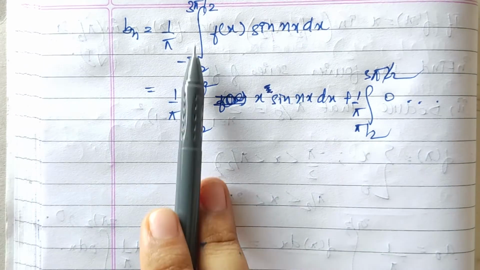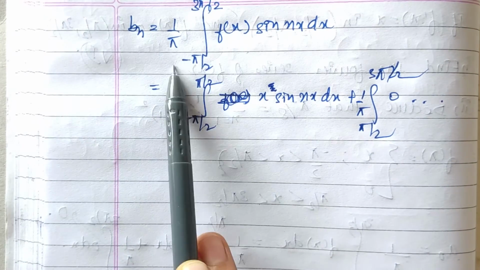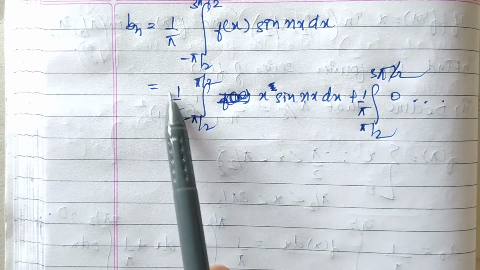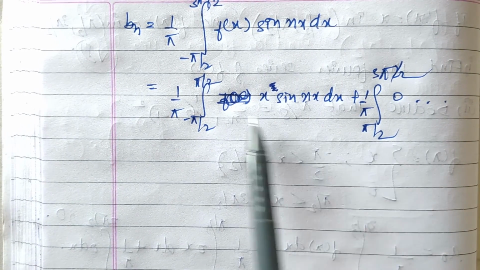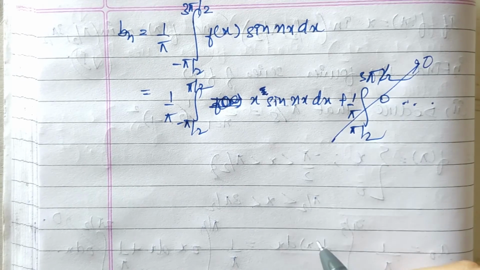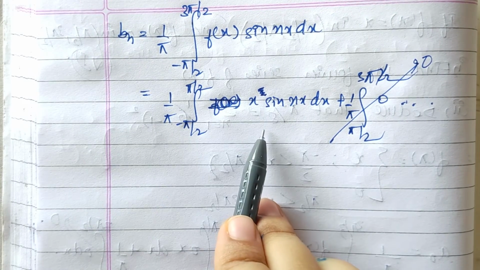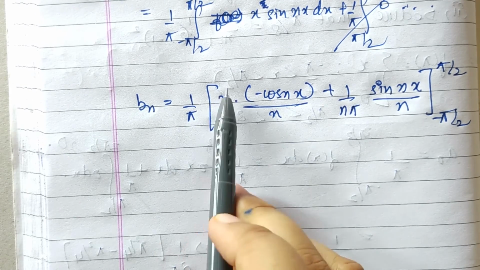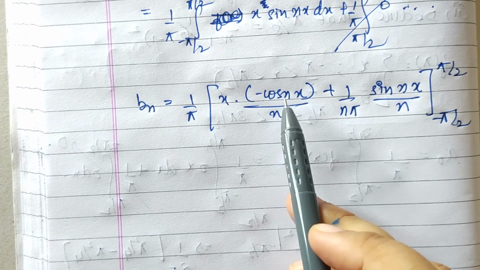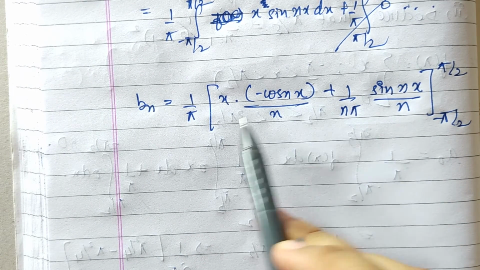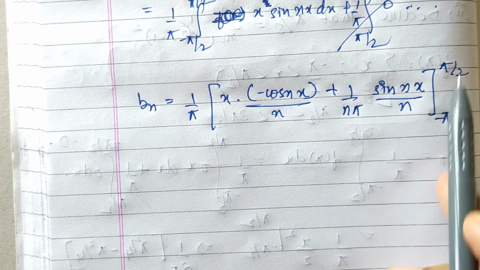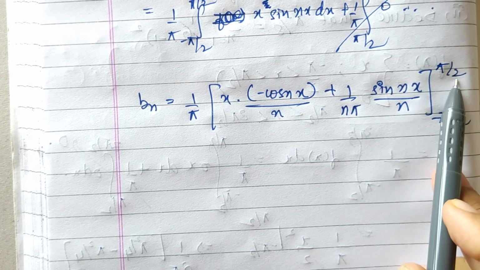Next we have bn is equal to 1 by pi, the same formula, minus pi by 2 to 3 pi by 2 f of x sine nx dx. Then we split it at 3 by 2, put the f of x's value. This term will be equal to 0. On further evaluating this term, bn comes out to be 1 by pi into x into minus cos nx by n plus 1 by n pi sine nx by n from minus pi by 2 to pi by 2.